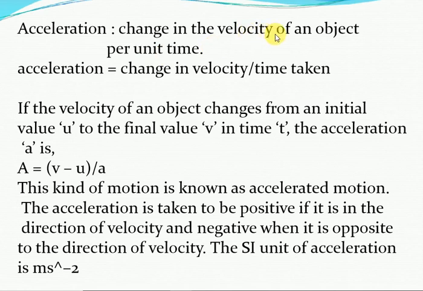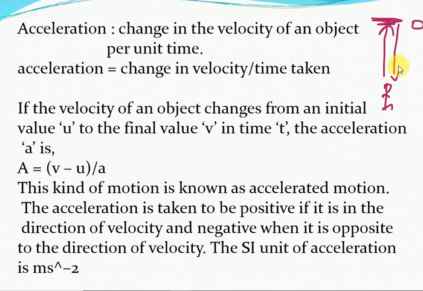Like suppose you throw a ball in the upward direction. You might have noticed that the ball starts moving upward and finally it comes back to you. So when the ball starts moving upward, at a certain point its velocity becomes 0. Again from that particular point it will come back to you.